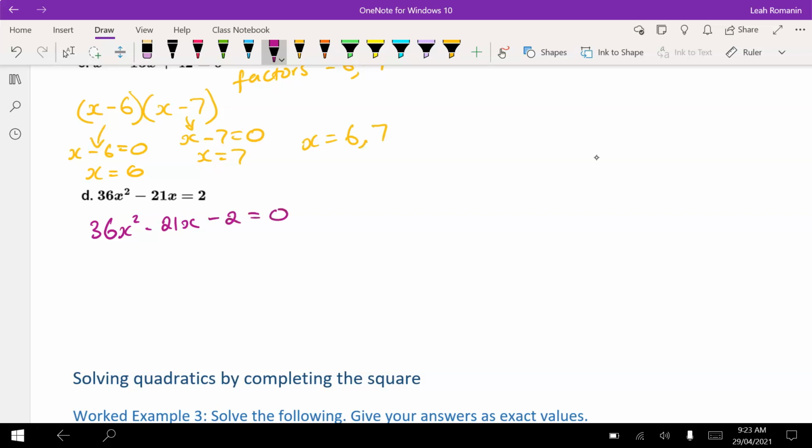I can only use the null factor law if my equation equals 0. So now let's factorize. I need to find two factors that multiply to negative 2 times 36, which is negative 72, and I need two factors that add to negative 21.